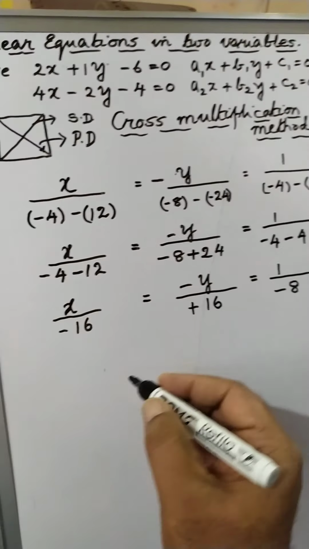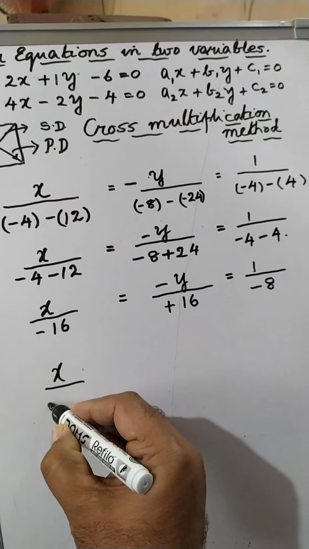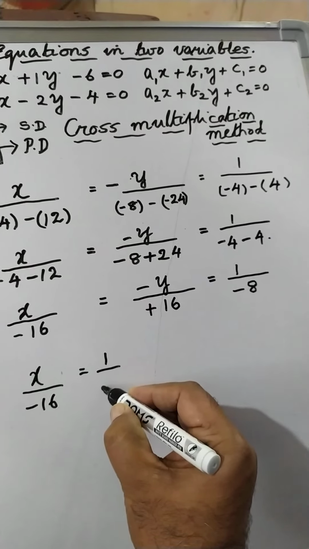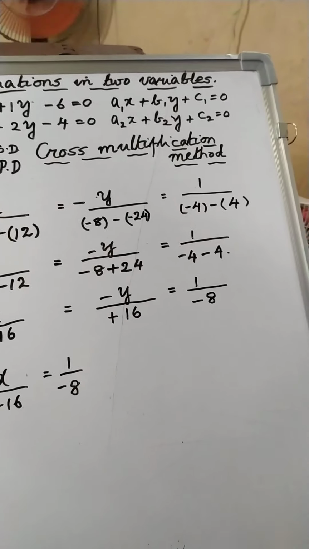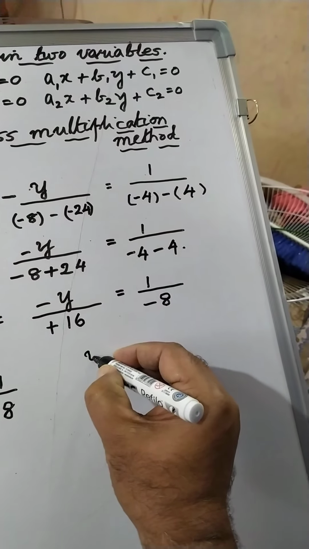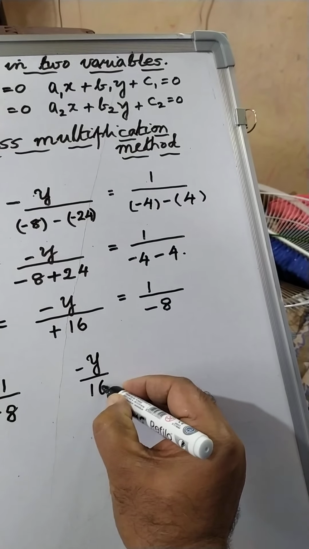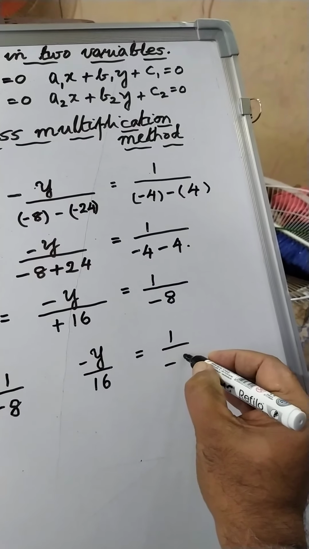Equate the first and the last to get the value of x. X divided by minus 16 is equal to 1 divided by minus 8. To get the y value, equate the second and the last. Minus y by 16 is equal to 1 by minus 8.